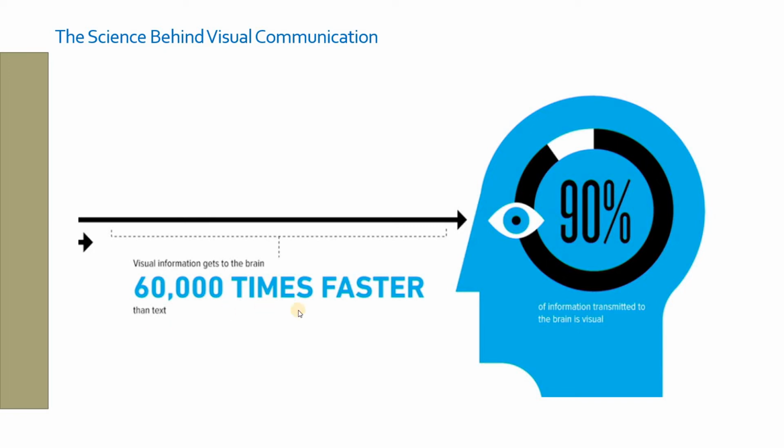And also, this is a study of human brains. Visual information gets to the brain 60 times faster, and most of the information transmitted to the brain is visual.